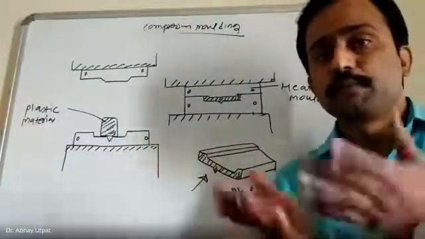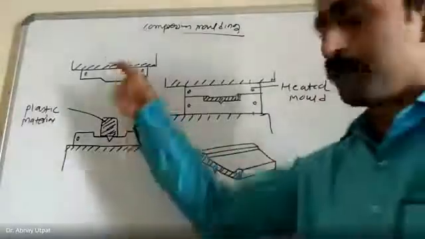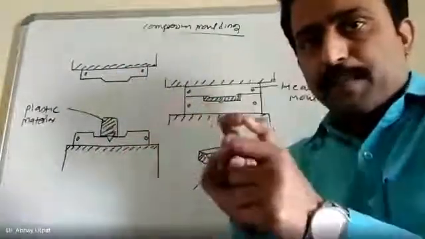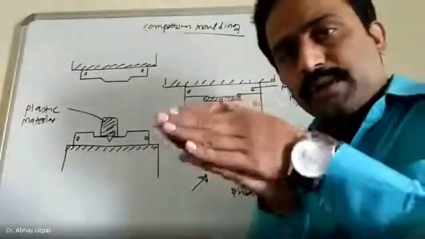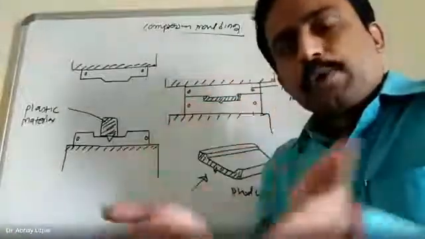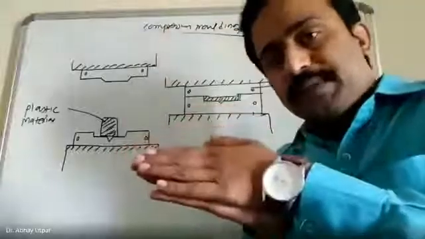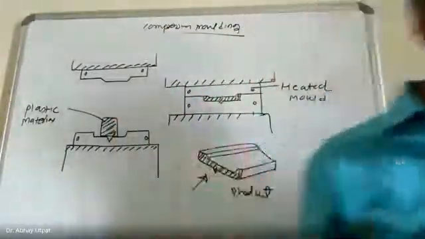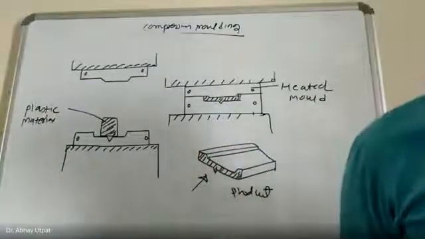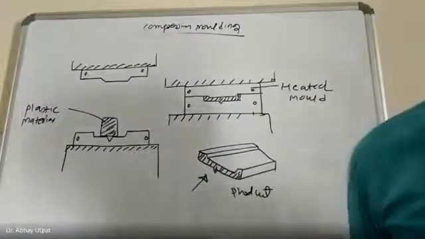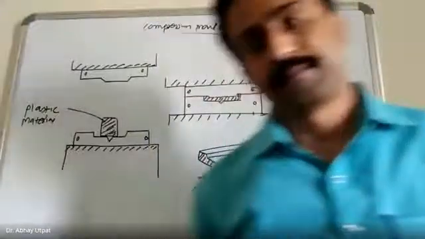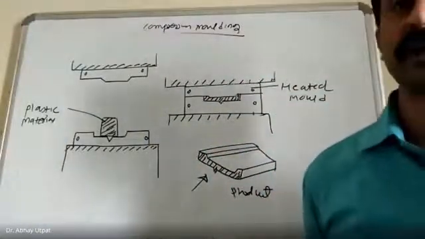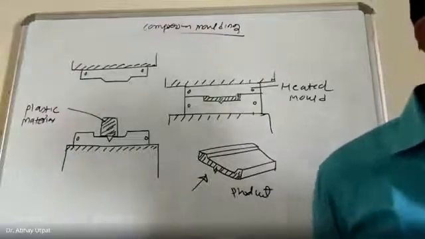Try to understand. You are pressing it. Because of pressure, whatever gap is provided between the upper jaw and lower jaw, the material flows. So automatically, due to uniform pressure, density in the component will be uniform. Uniform shrinkage due to uniform flow of material.